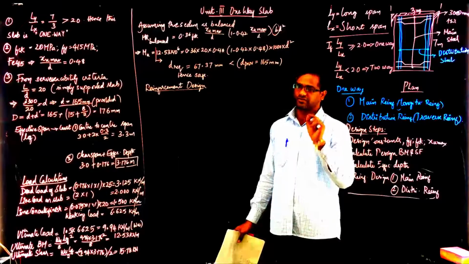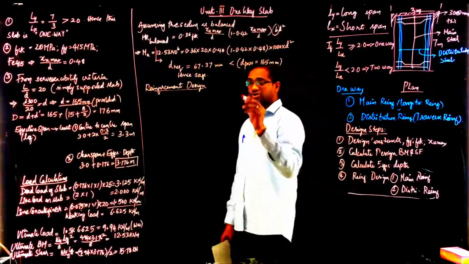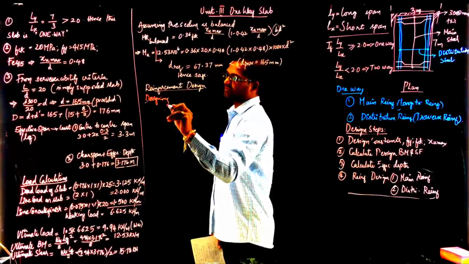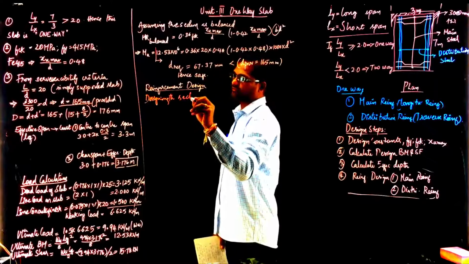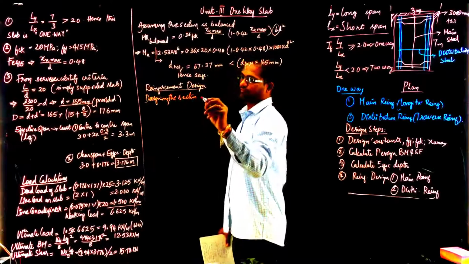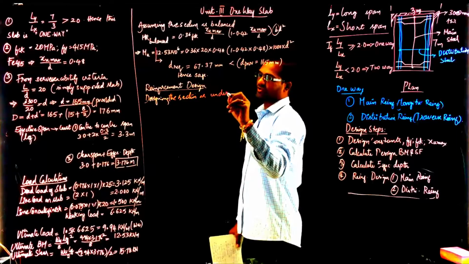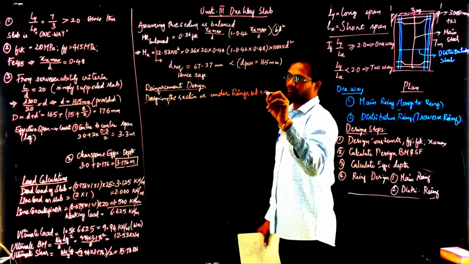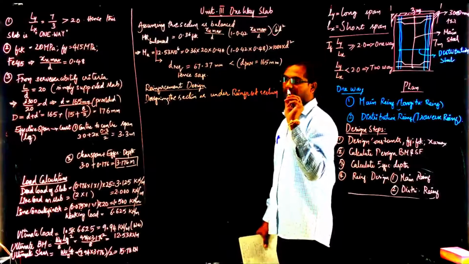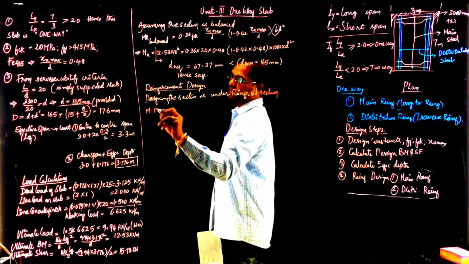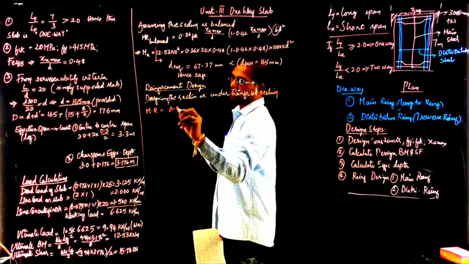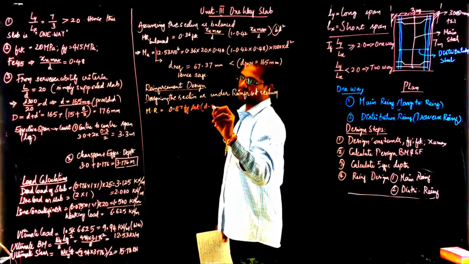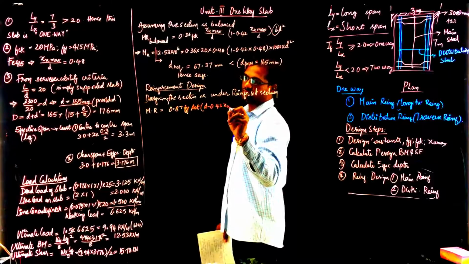Steel failure is the first priority, not the concrete. So we are designing the section as an under reinforced section. The moment of resistance for an under reinforced section is given by 0.87 fy Ast into d minus 0.42 xu.